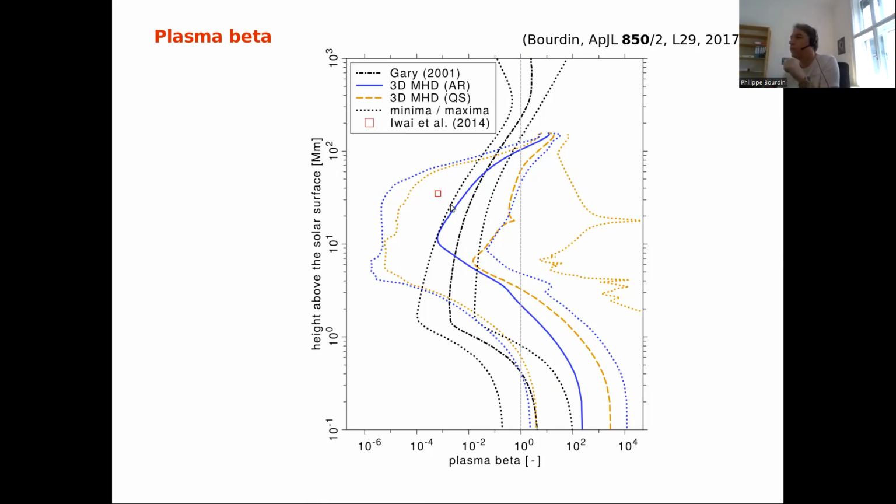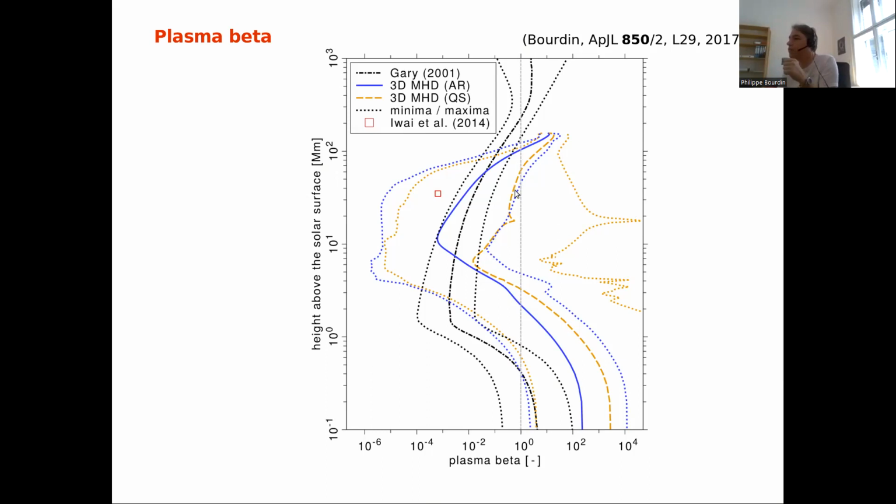What is also particularly remarkable is that if you take the quiet sun and the maximum beta, the orange dotted line, you would find values larger than 1 at practically any height. I think that is surprising to some people, because there are many works that assume that plasma beta is strictly smaller than 1 in the corona, and that is of course not true, as we see here, at least for the quiet sun part.